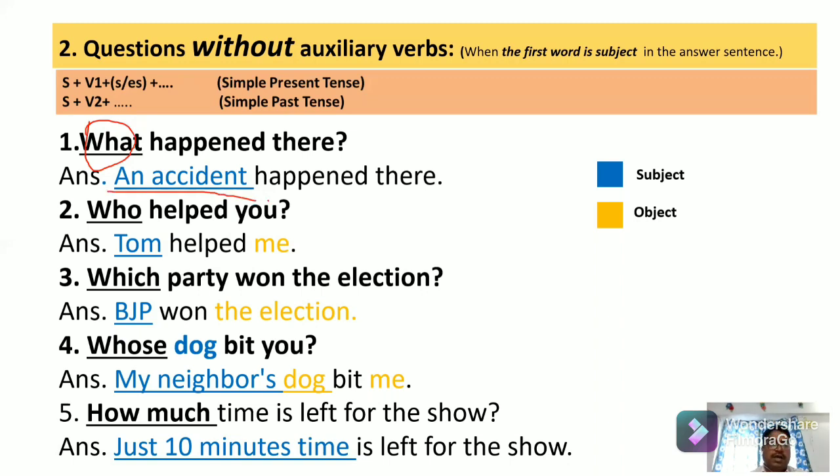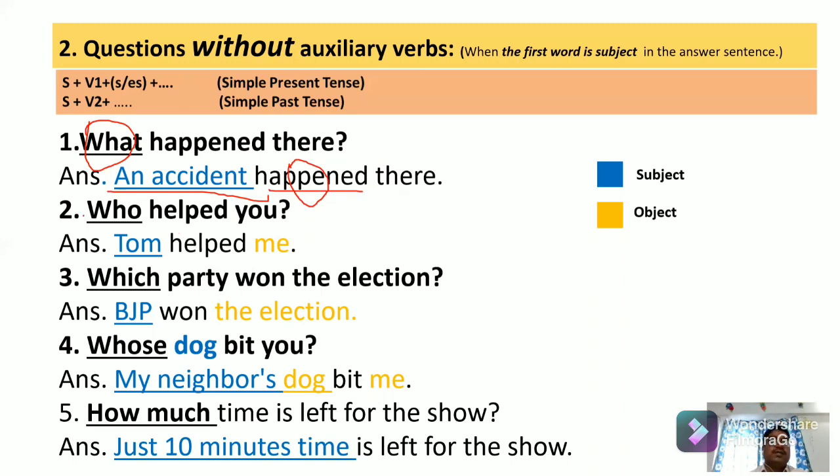So the word an accident is the subject. Because the verb happened is an intransitive verb, not a transitive verb. Intransitive verbs don't require an object. Only transitive verbs require an object, and there is no object in this sentence.